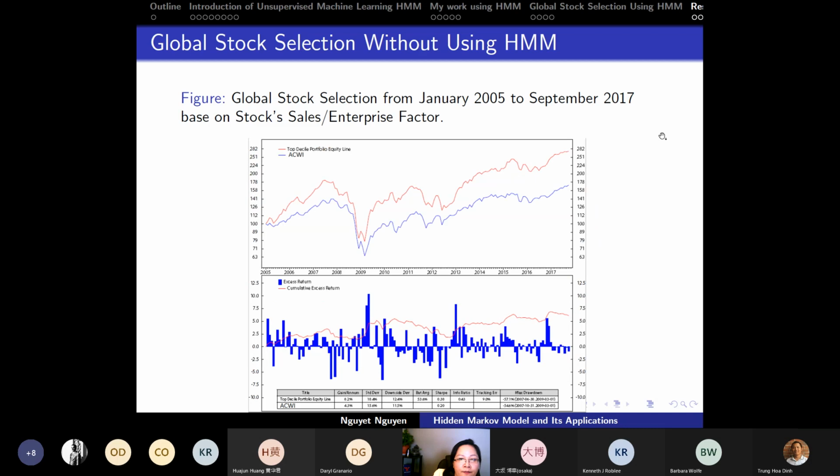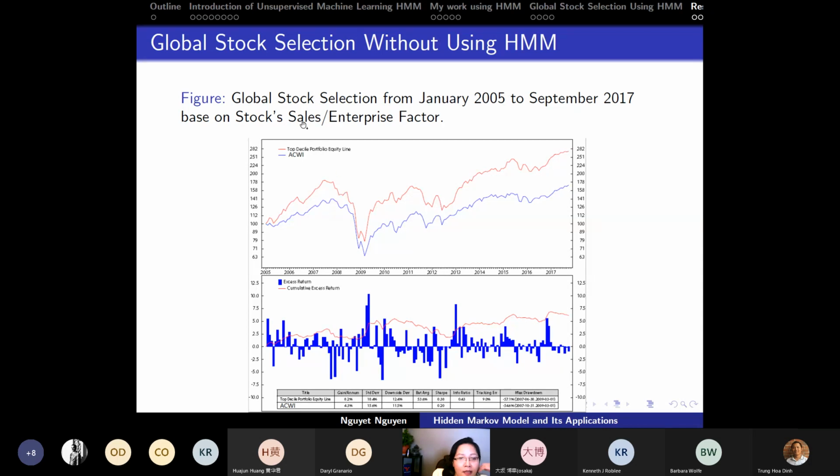Now, as I said before, if we only look at one stock factor, for example the sales over enterprise value of the company, and you score all 2,500 stocks and then choose the stocks that have the highest score, then it performed well.